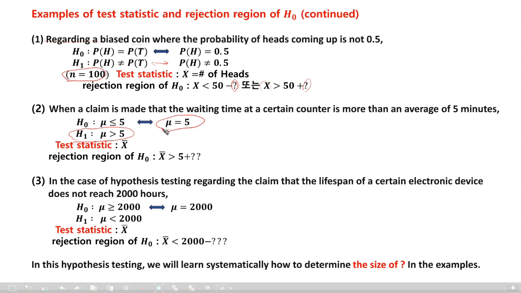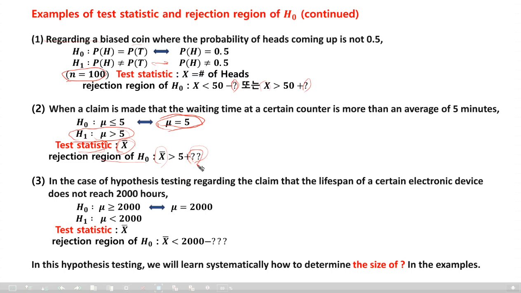That's okay for beginners, for the introductory course. The test statistic is the best estimator of mu, the best one, X bar. We have to use X bar, right? The rejection region of H0 will be X bar greater than 5 plus some value. Double question mark, right? Since this is mu greater than 5, X bar should be 5 plus some value.